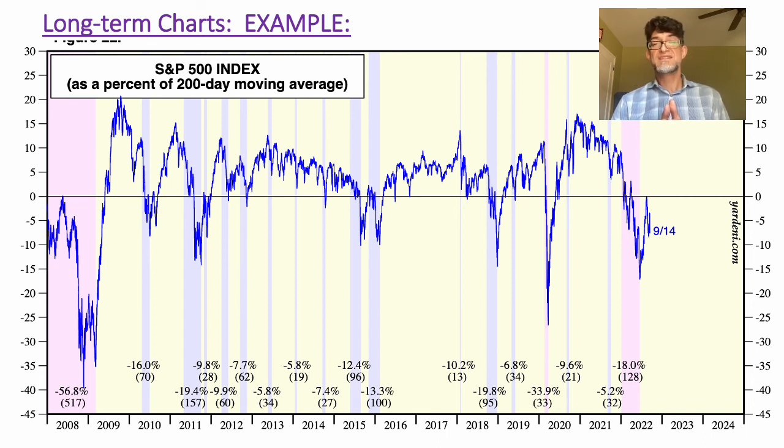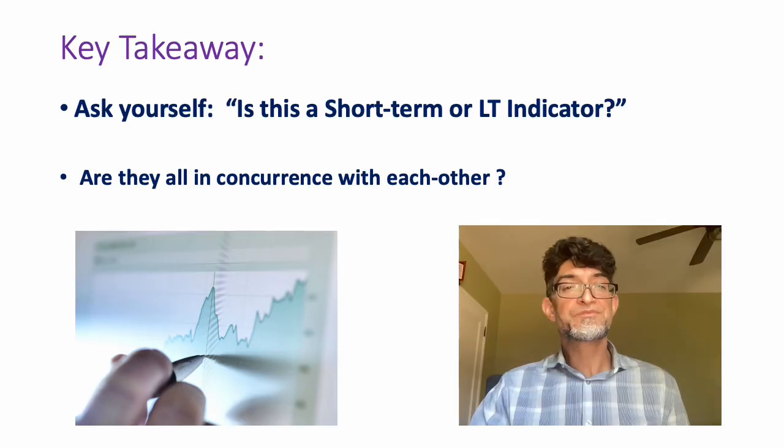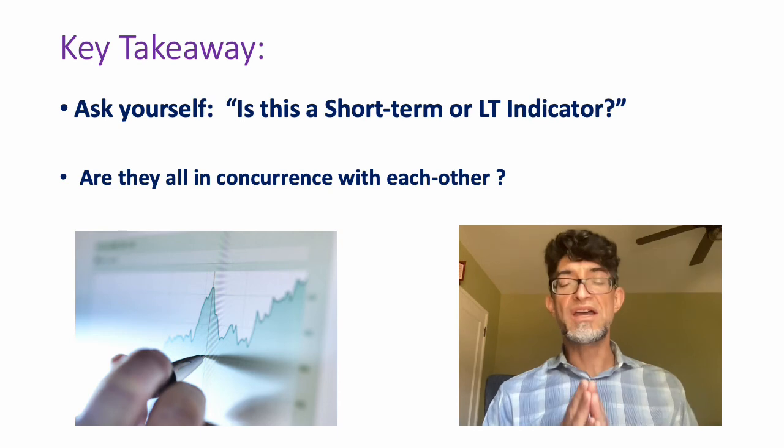So that could be indicating that we're at the bottom. But I don't think we're there yet. I think we're going to go down again and reach that purple bar yet again, like we did. If you see back here in 2008, there was a long period of time where stocks were below the 200-day moving average. So what's the key takeaway?